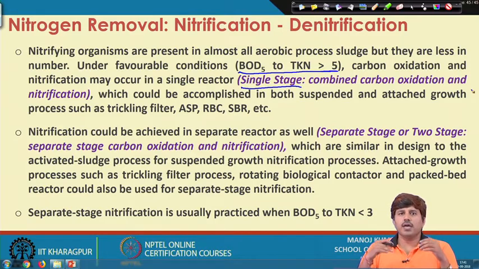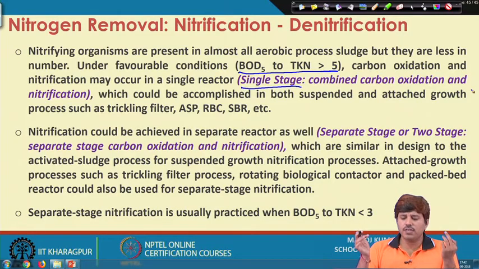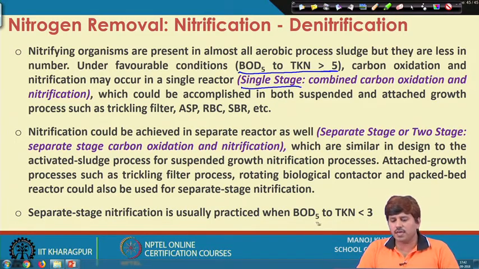For suspended growth systems, the nitrification design is similar to the design of the activated sludge process, whereas attached growth systems like trickling filter, rotating biological contactor or packed bed reactor could also be used for separate stage nitrification. The separate stage nitrification is usually practiced when we have a BOD5 to TKN ratio less than 3.